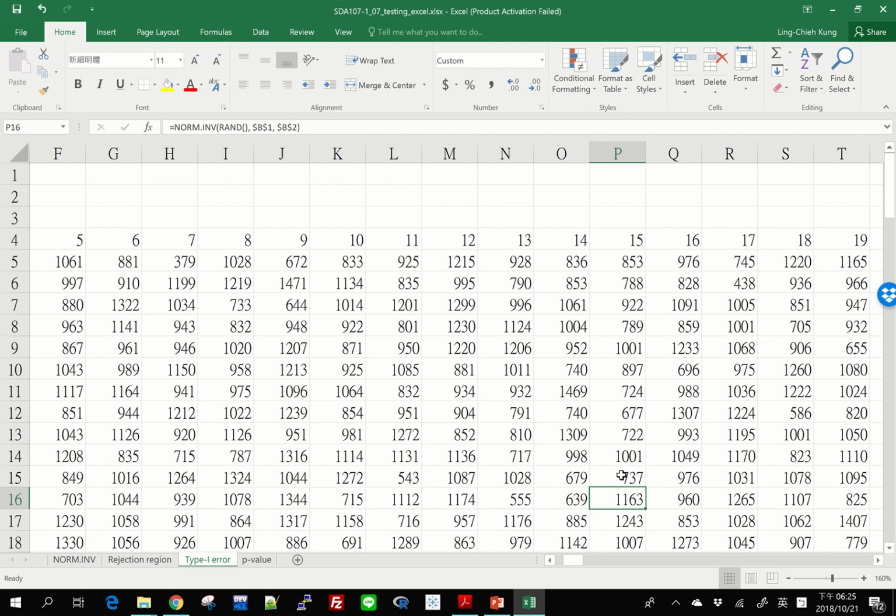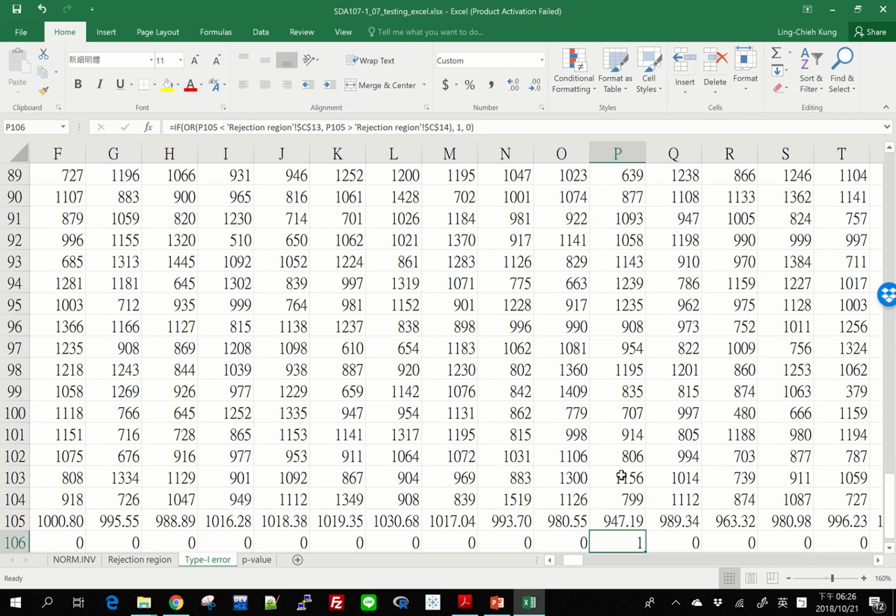The fact is that mu is 1000, but because we are somewhat unlucky, the 100 numbers in our random sample are just so small. So we make a wrong decision. The population mean is indeed 1000, but we say it is not. This is type 1 error.